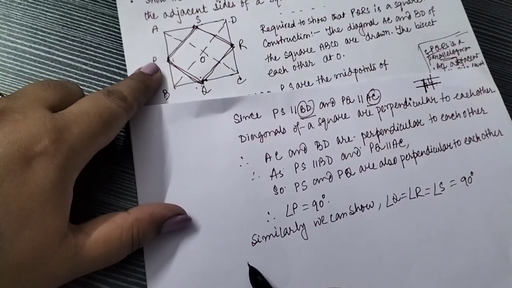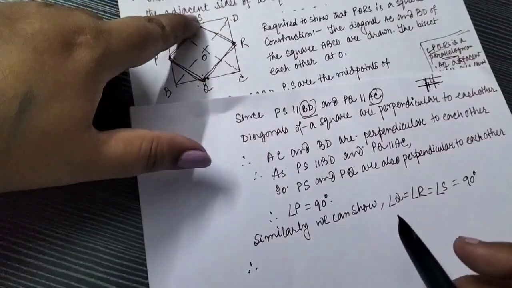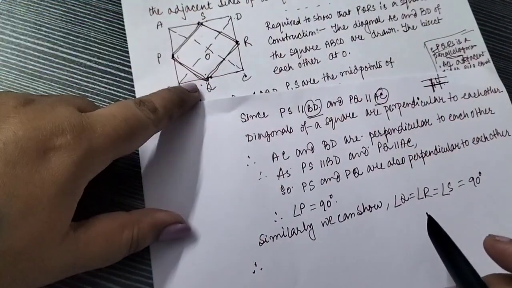So, in quadrilateral PQRS, we have seen it's a parallelogram.